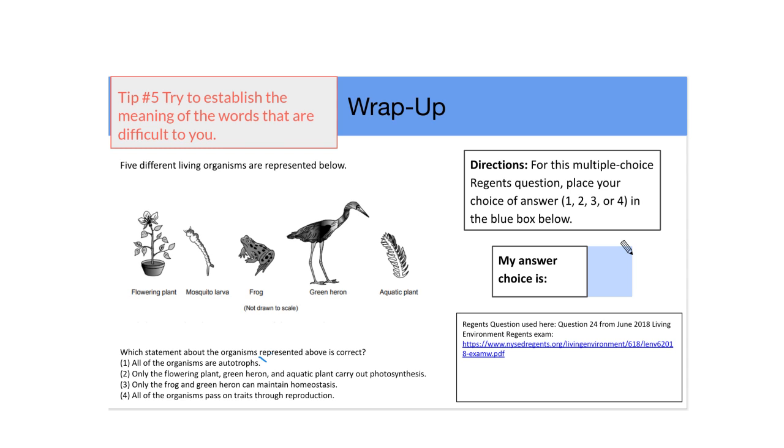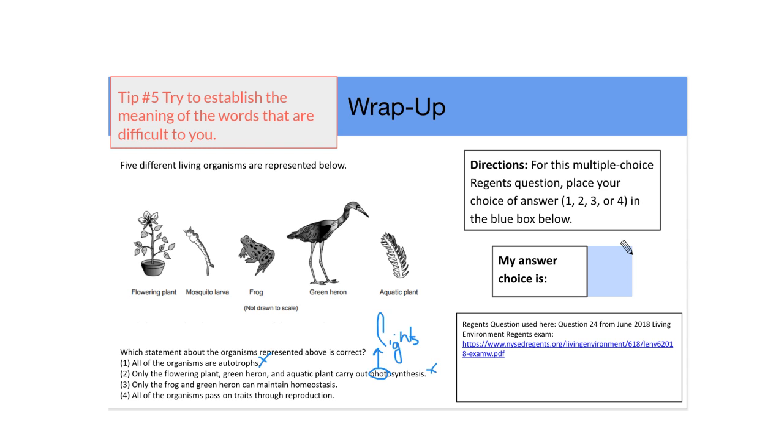Let's go with B. Only the flowering plant, green heron, and aquatic plant carry out photosynthesis. Photo comes from photography and means light, and synthesis means to create something. I don't remember that the green heron is able to do photosynthesis, and it's not, so this is not the right answer.